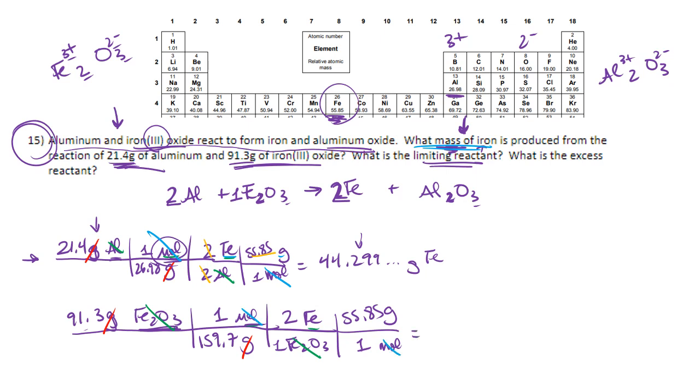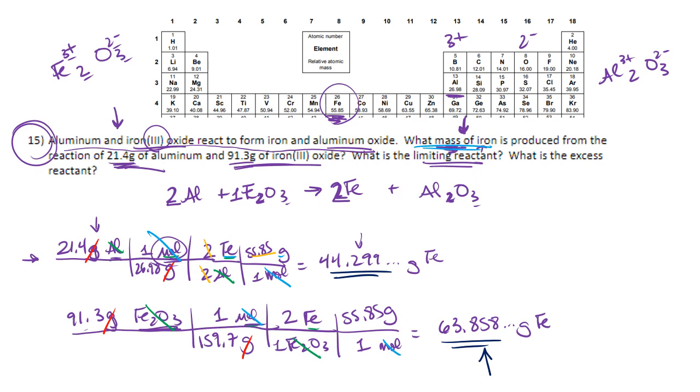Let's find our calculator. 91.3 divided by 159.7 times 2 divided by 1 times 55.85, and our grand total is 63.858, lots of digits, grams of iron. So now we're going to think, could I make 44 or could I make 63?